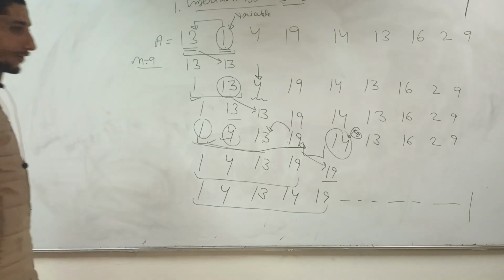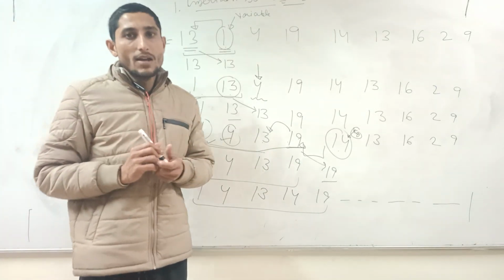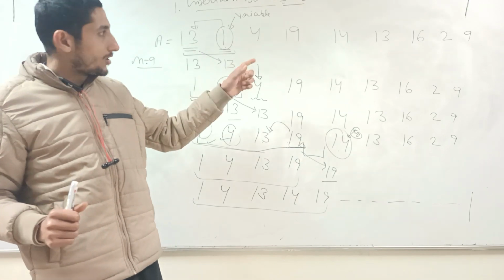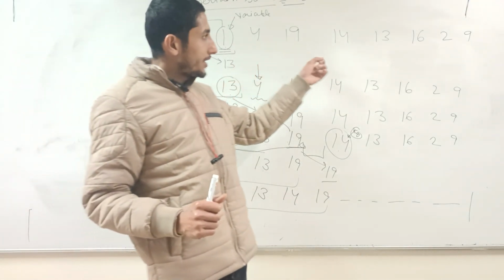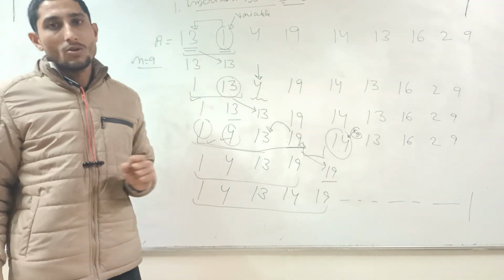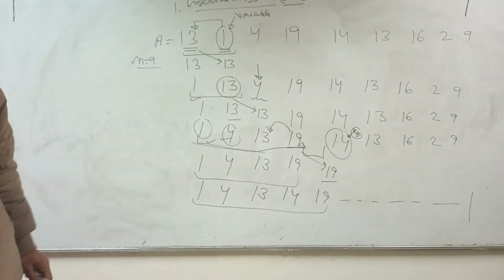So now what will I do? I will write the algorithm, and then we will see how this approach can be implemented in programming. Okay, so let me write out the algorithm.